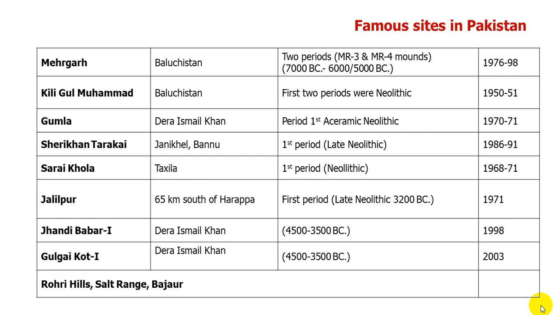Gomal, located in Dera Ismail Khan, was excavated by Professor Dr. Ahmad Hassan Dani on behalf of the Department of Archaeology, University of Peshawar. Its first period also belonged to the aceramic Neolithic.